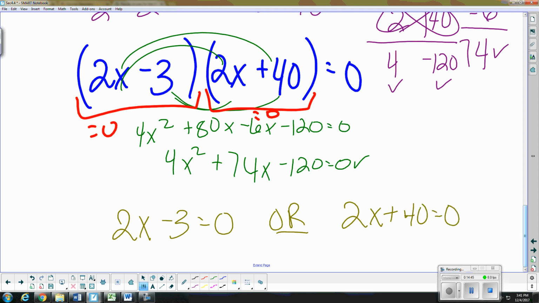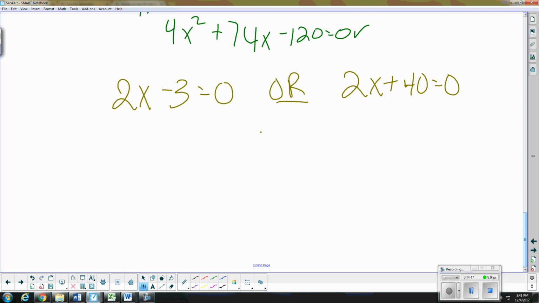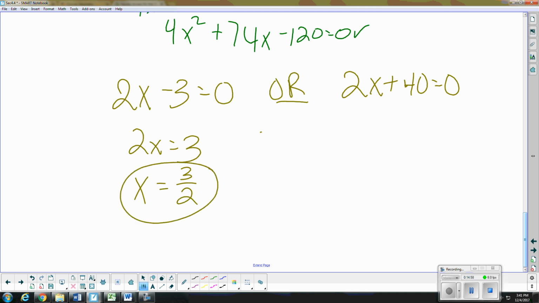So we're going to use that property to solve for x. So 2x equals 3, x equals 3 halves. So that's one value for x, or 2x equals negative 40, so x equals negative 20. That's another possibility for x.